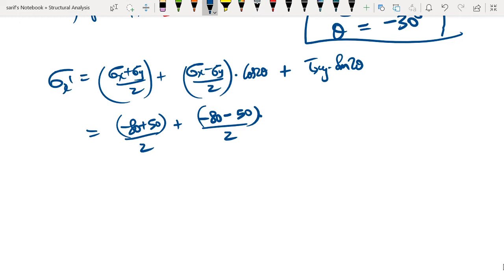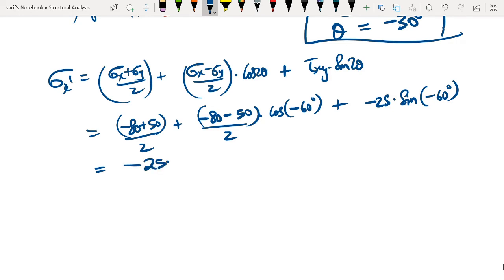So cos 2 theta is going to be cos minus 60 degree, plus tau xy is minus 25 into sine 2 theta is going to be sine minus 60 degree. So if we try to solve this, what we are going to get is minus 25.85 megapascal. So this is our first answer. That is the answer for sigma x dash.